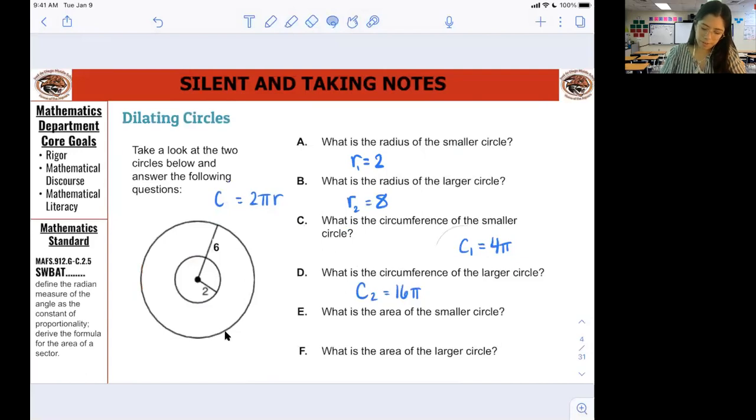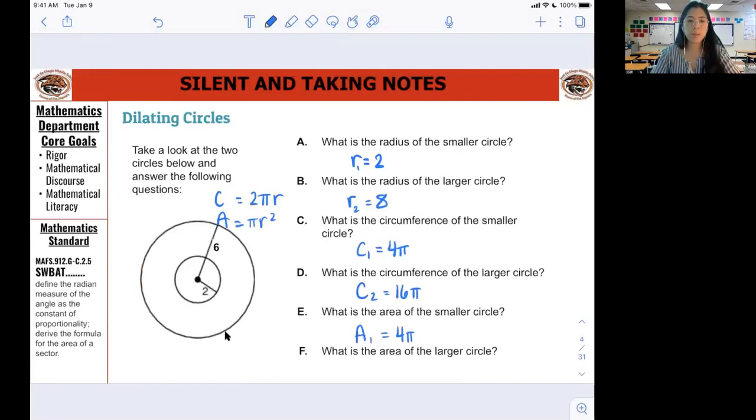All right, what about area? Area of the smaller. It's also 4 pi. Now, what's the formula again for area? Pi r squared. Good.